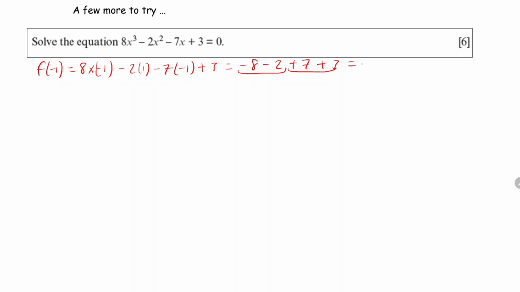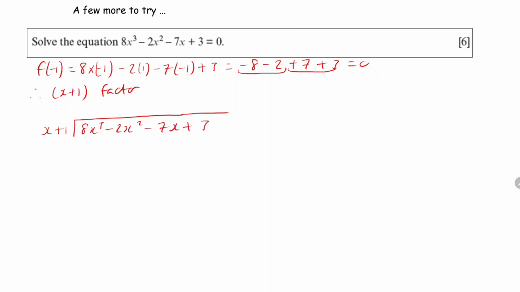These make minus 10, these make 10, so that's equal to 0. So therefore x plus 1 is our factor. Then we do our division. x plus 1 into 8x cubed minus 2x squared minus 7x plus 3.